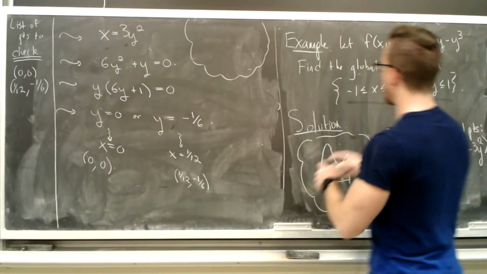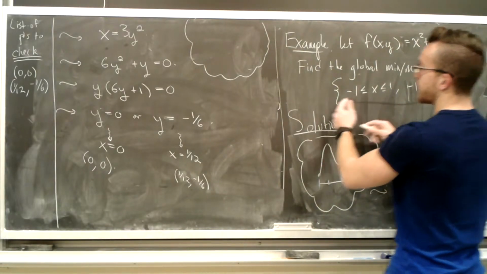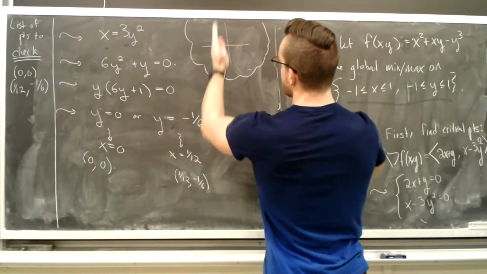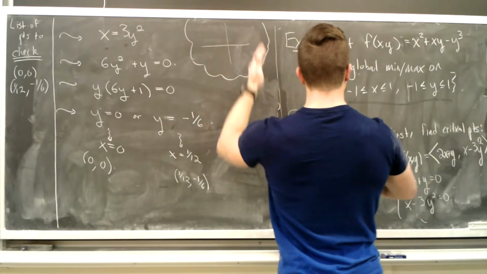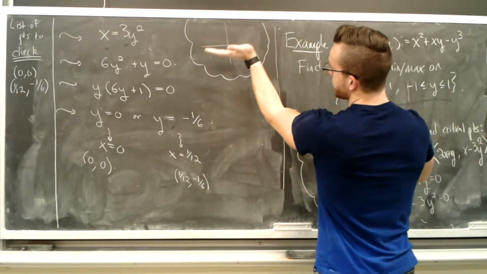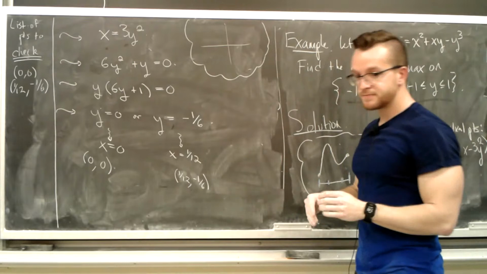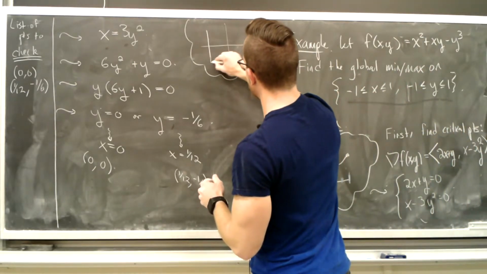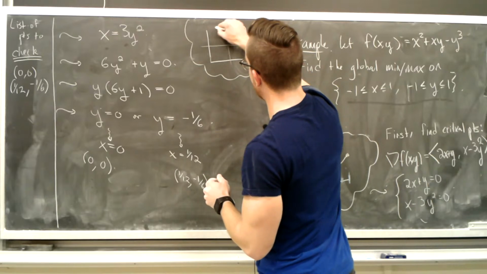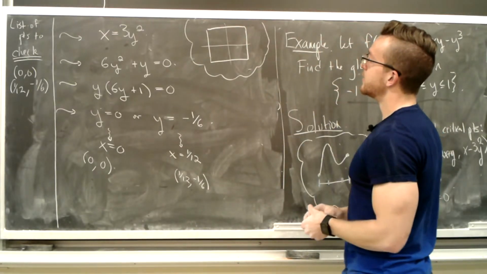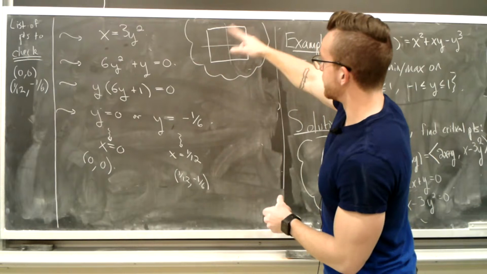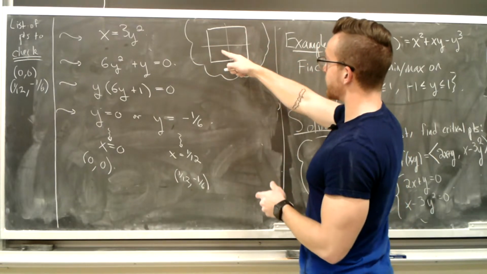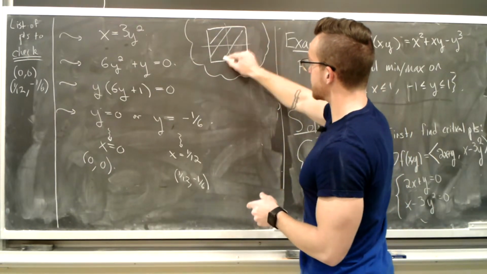The domain is all x values between negative 1 and 1, and all y values between negative 1 and 1. That's a square. That maybe is or isn't a square, but that's what the domain is.